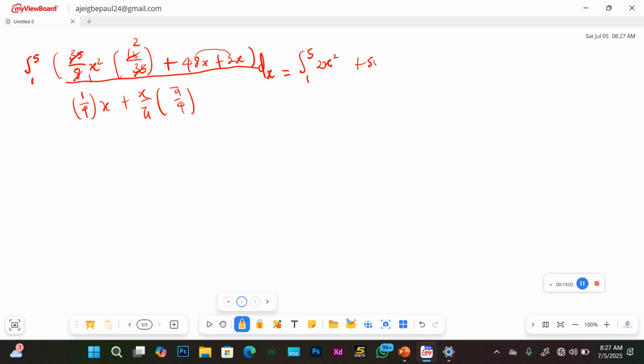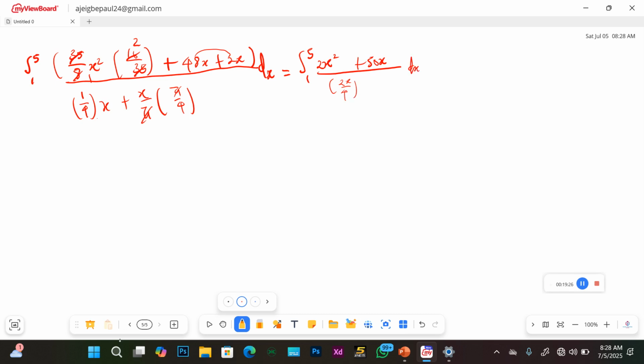Then plus 50x, then everything all over, x over 4, pi will cancel pi here, then it will remain x over 4 plus x over 4, so that will be 2x over 4, then dx.